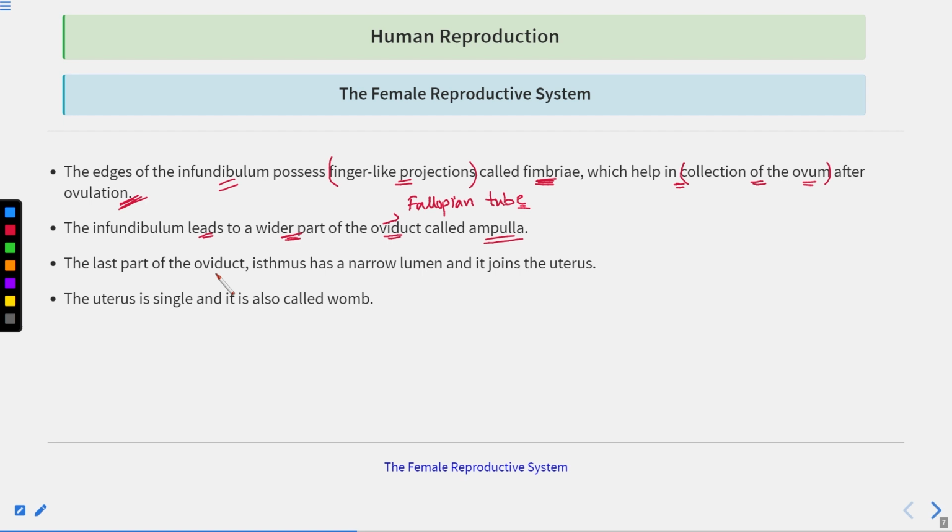Now the last part of the fallopian tube is known as the isthmus, and it has a narrow lumen and it joins the uterus. So we have seen that the fallopian tube arises from the ovaries and then joins with the uterus. Clear? So this is the ovary, and from the ovary arises the fallopian tube, which is also known as the oviduct.